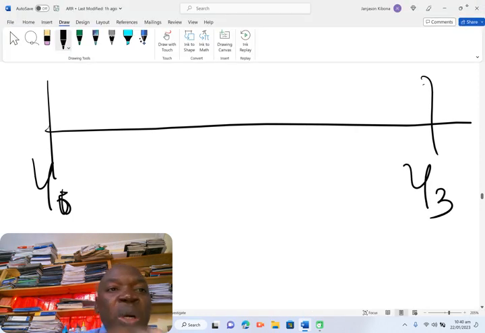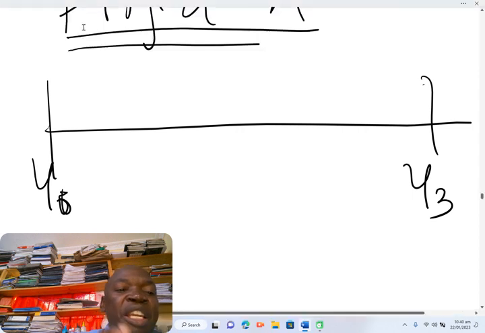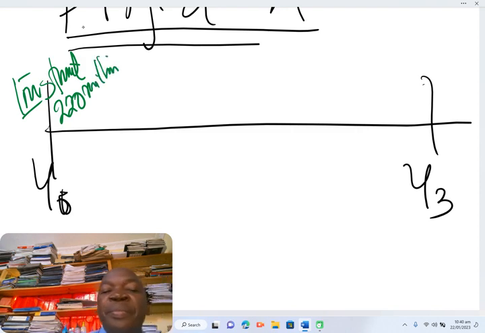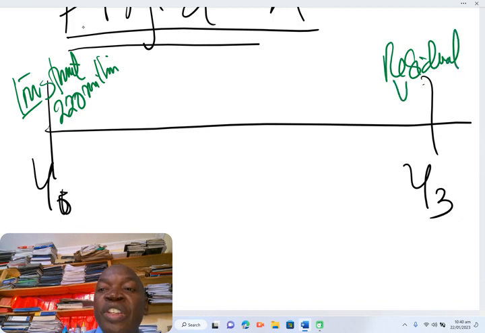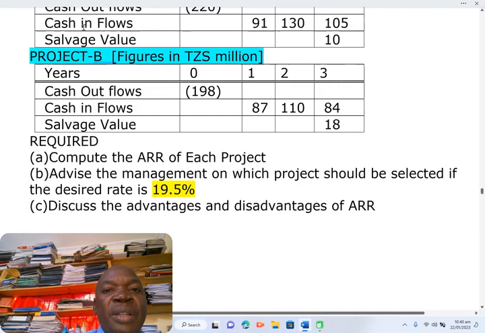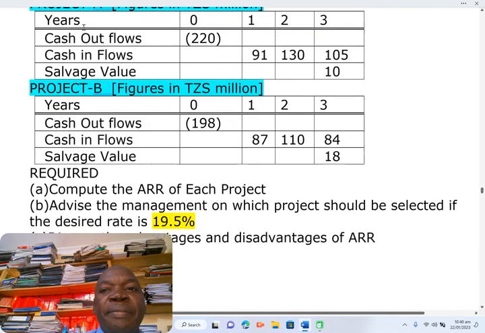So what is happening? The initial investment is estimated as 220 million, and the residual value is estimated at 10.